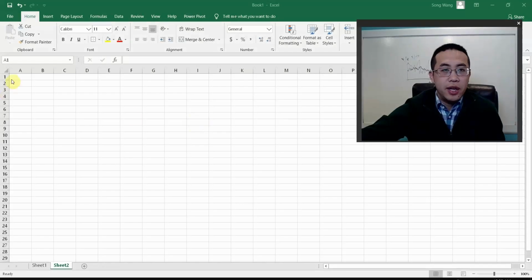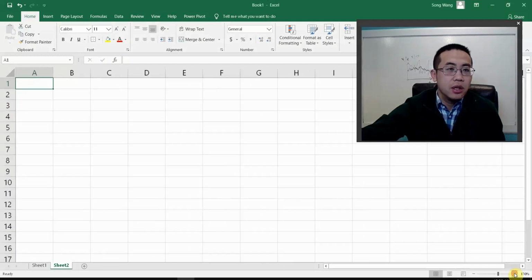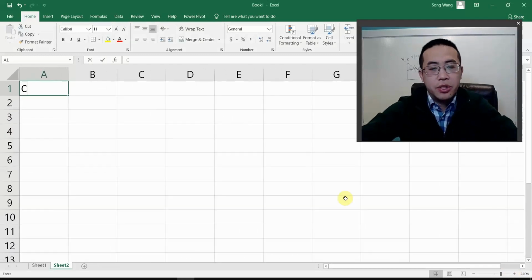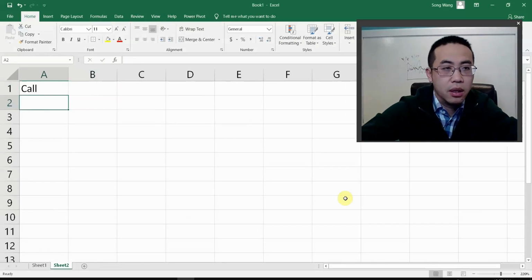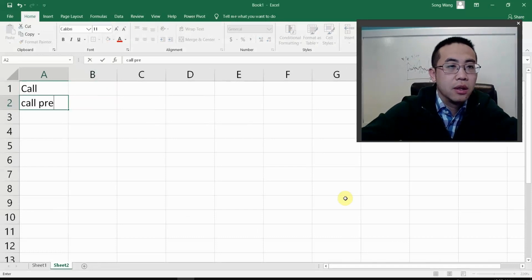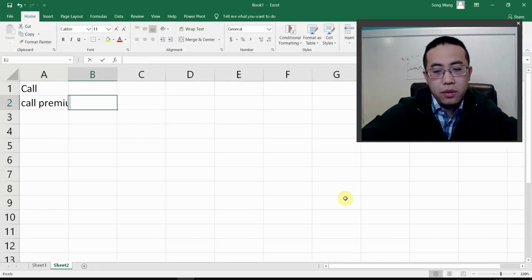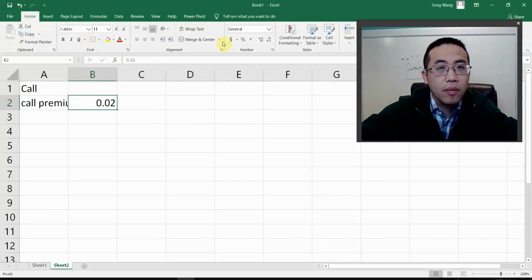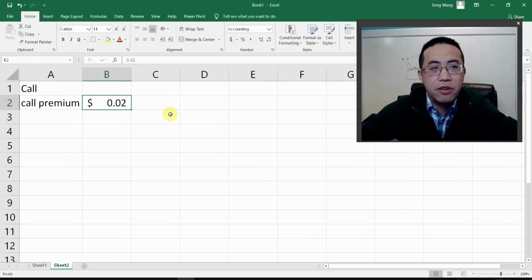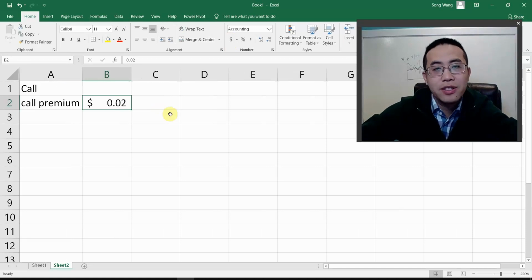Okay, now let me use a table of numbers to show you how the option works. So let's see, we have a call option, and the call premium, make it equal to $0.02. All right. So this is for international finance, so I have to have an underlying asset that is a currency.